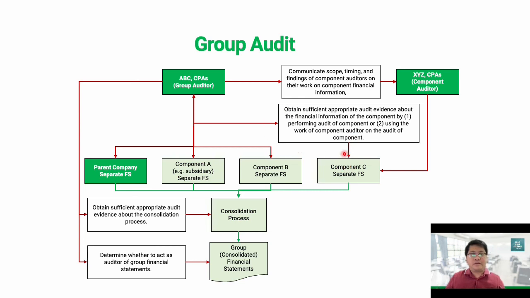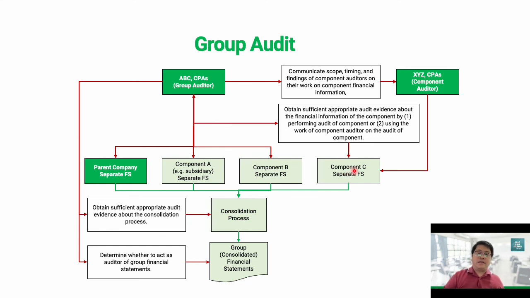If you will rely on the work of the component auditor, then the component auditor will communicate to you their findings related to their audit of component C. That's why I mentioned earlier that we have to consider the competence of the component auditor, including their compliance with ethical requirements and the other communication requirements that we have discussed in the previous slides. In case you do not want to rely on the work of the component auditor, then you'll have to do the work yourself. Okay?